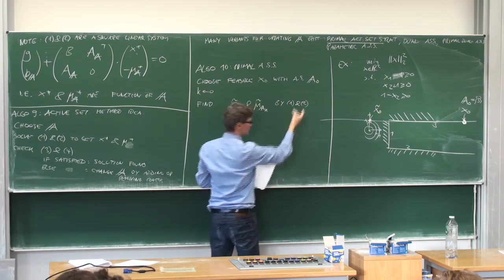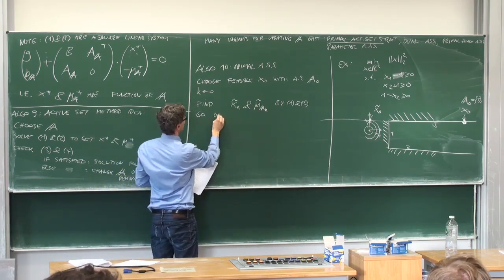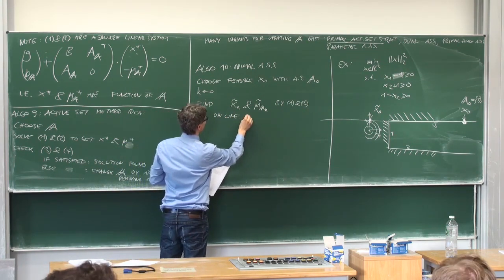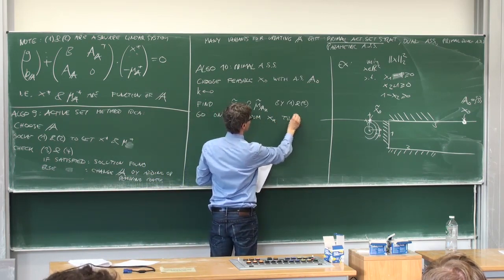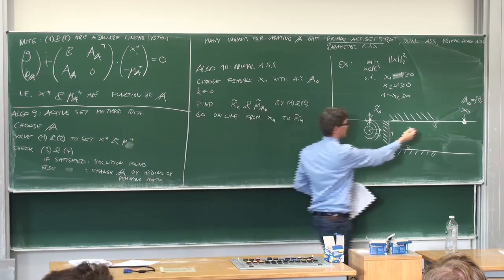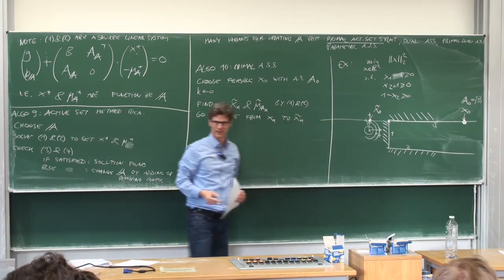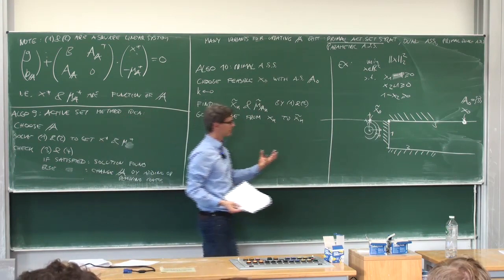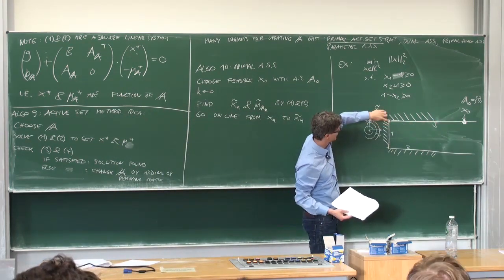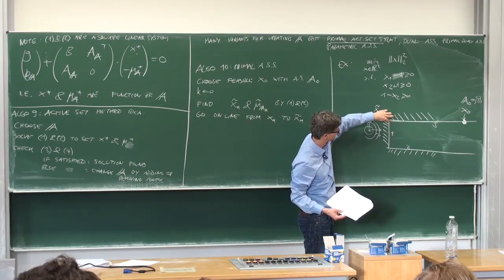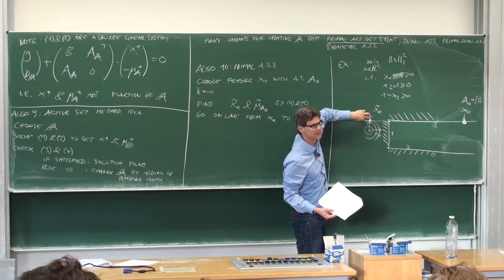So you actually solve this linear system of equations, and then you go on a line from xk to x tilde k. So you go on a line until you leave the feasible set, because you are on a feasible point, and because the feasible set is a convex set. On a line there will be one first point where this will not be feasible anymore, and afterwards all points are infeasible.